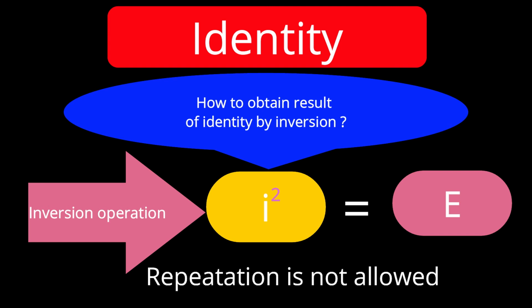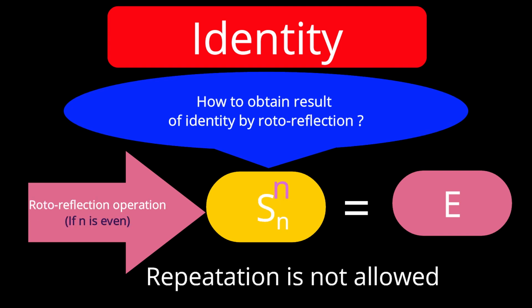Now let us discuss the last element of symmetry, the improper axis of rotation. The exact idea will be clear to you shortly. Now, if the order of that axis n is an even number, meaning 2, 4, 6, then Sn, because Sn is the representation for improper axis of rotation, the nth operation on the Sn improper axis of rotation is equivalent to identity.